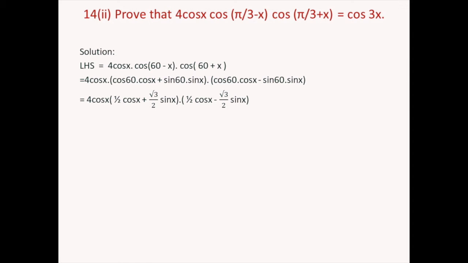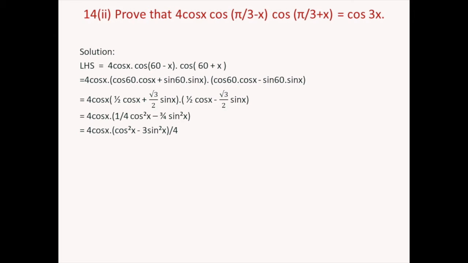I have applied that. Then I have substituted the value of cos 60 as 1 by 2, sin 60 as root 3 by 2 in both the identities. And then I have simply simplified and I see that both of them are of the form a plus b into a minus b. So which gives me 4 cos x into 1 by 4 cos square x minus 3 by 4 sin square x.